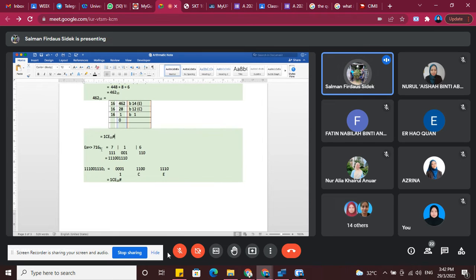Kenapa kita belajar nombor desimal? Because decimal is used in everyday life. Yes. Decimal is very important because that's the number that we always use in daily life. So our reference is decimal. That is the point why we learn about decimal. Okay, and then why do we learn about octal and hexadecimal?